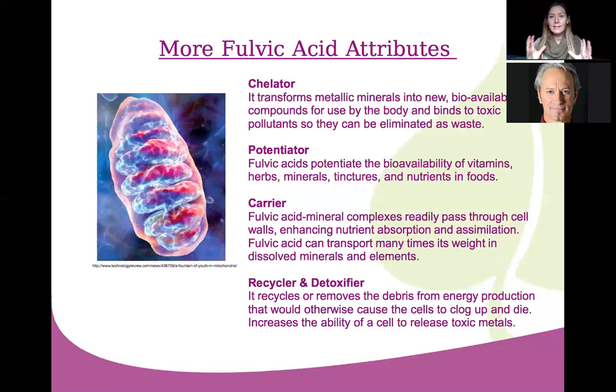So the fulvic acids transform both of them. If it's a good one, it transforms them into a substance that the body can actually utilize, that healthy metallic mineral, as opposed to the toxic metal compounds, the heavy metal compounds. It transforms those as well, but not so we can use them, so we can eliminate them as waste. Okay, that's what chelating does.